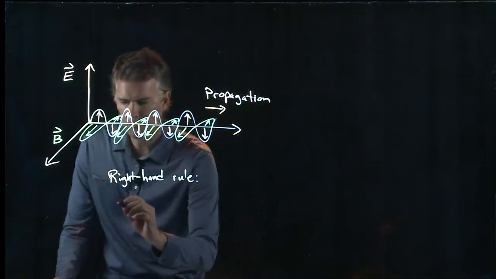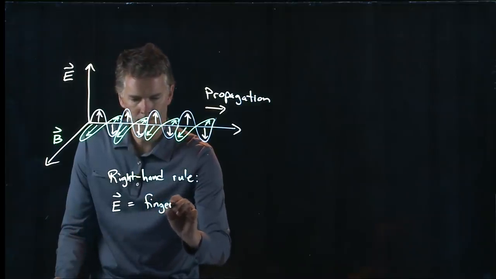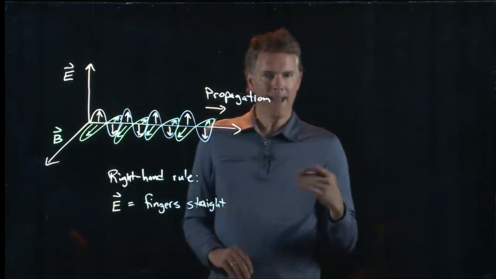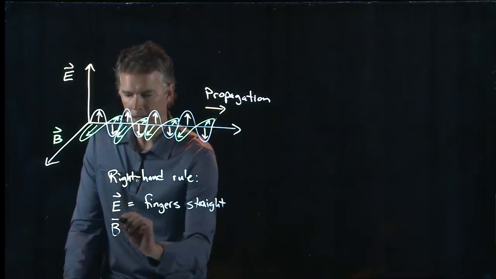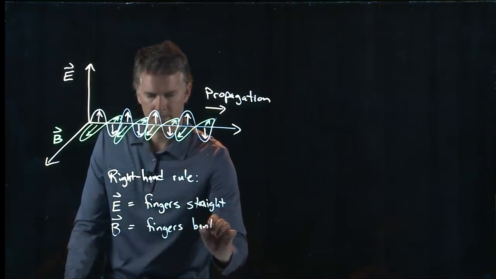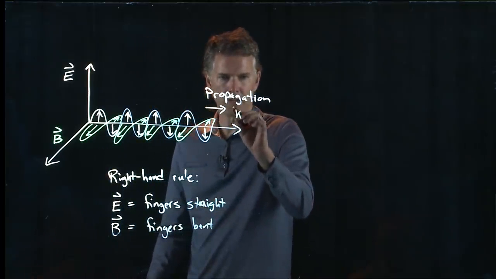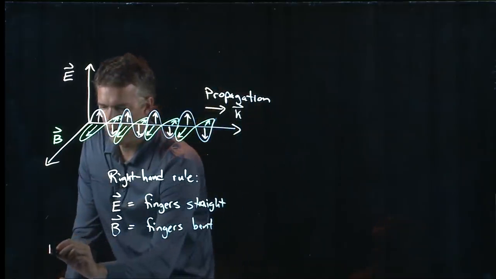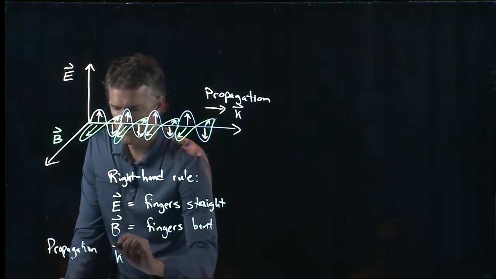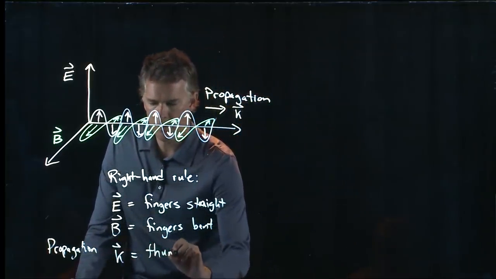You put your fingers straight in the direction of E. You bend your fingers in the direction of B. And then the propagation direction, which later on we're going to learn is actually given with a K, propagation K, is in fact the direction of your thumb.